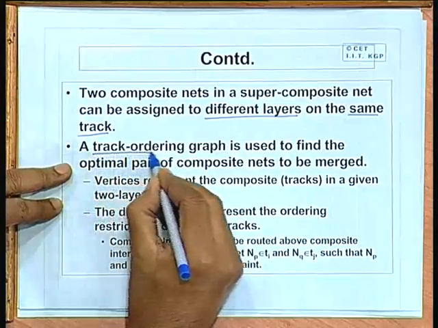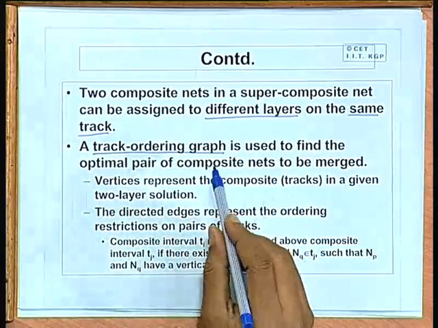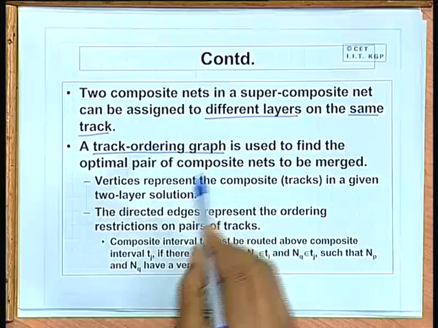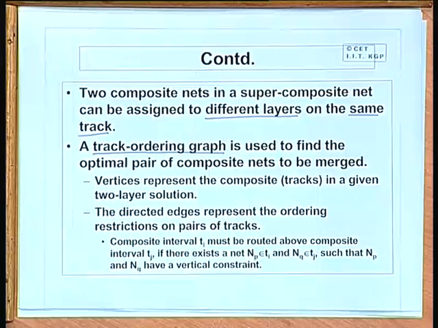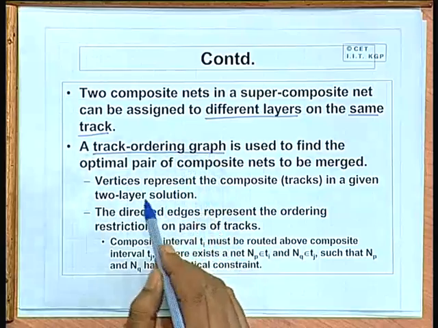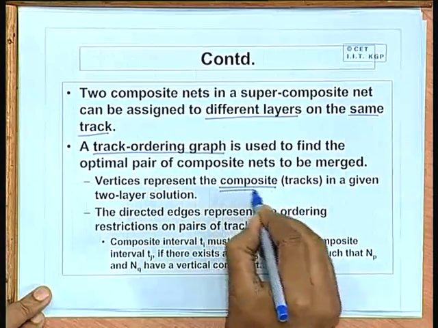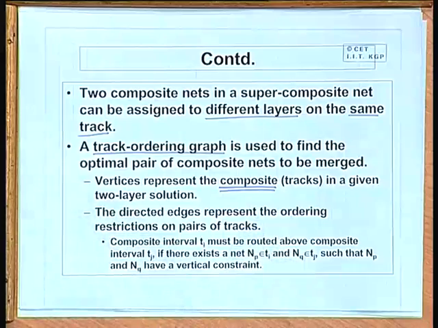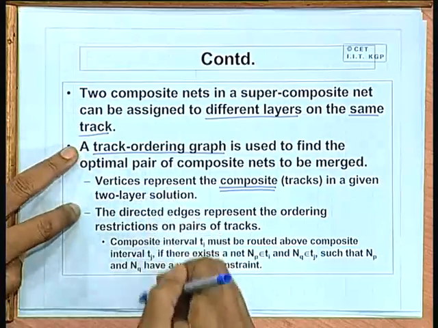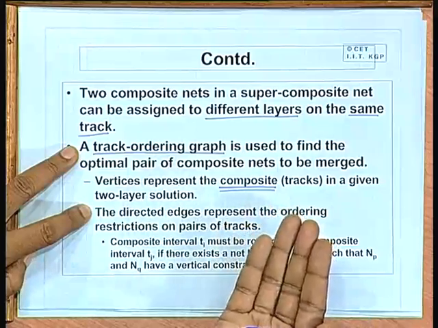There is something called a track ordering graph. We have a set of composite nets to start with. The track ordering graph has vertices which represent the composite nets. The track ordering graph can be the output of the conventional Yoshimura-Kuh algorithm.